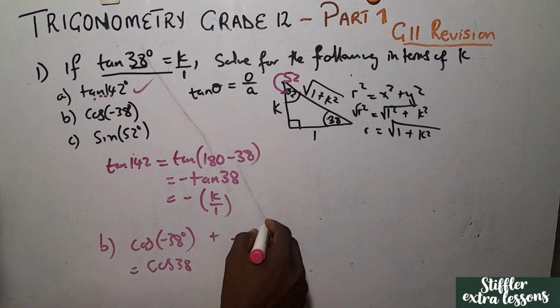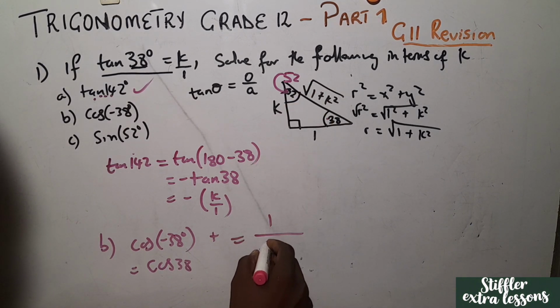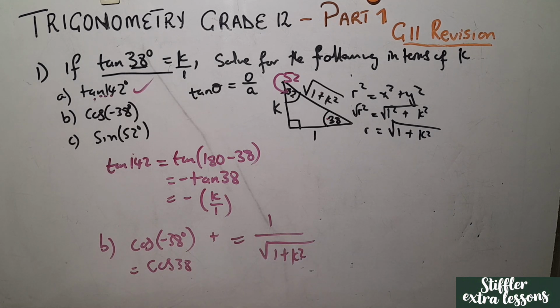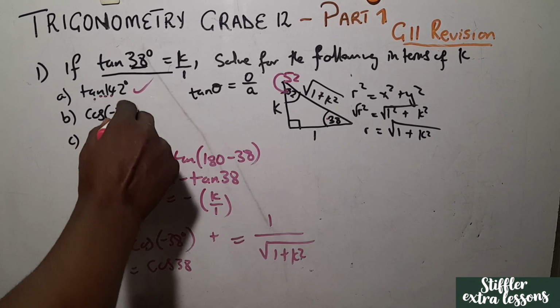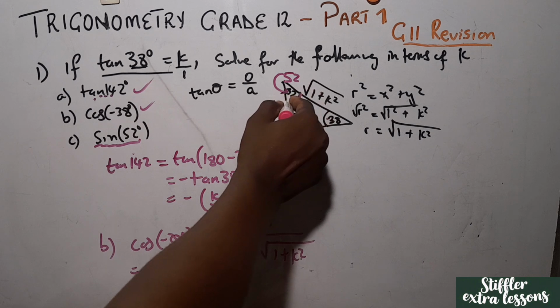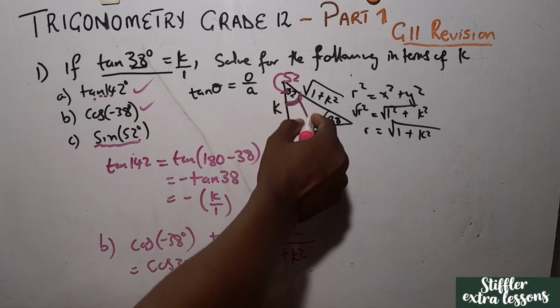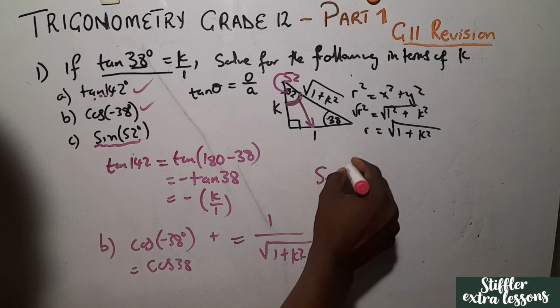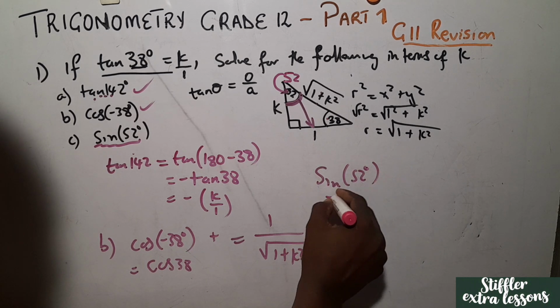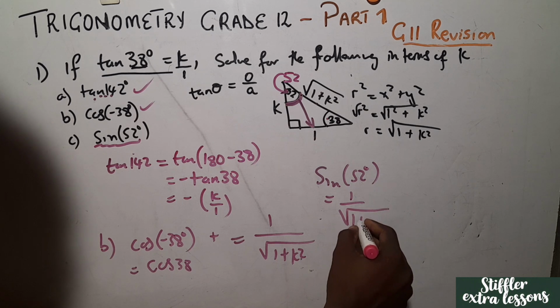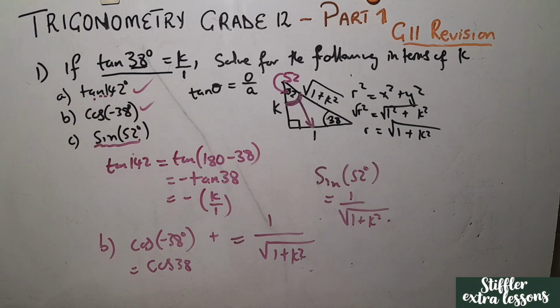So this answer of ours becomes 1 over the root of 1 plus k squared. And we are done with this one. And lastly, they said sine 52. So this is where 52 is, and sine is equal to opposite over hypotenuse. So sine of 52 degrees is the same as 1 over the root of 1 plus k squared.